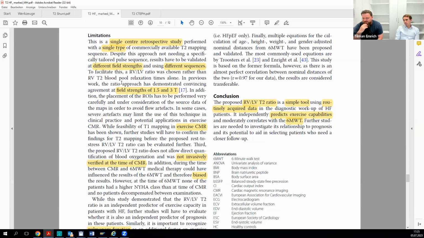Yeah. That's basically what Tilman just said. I mean, that's what the Ohio group did, right? They tailored their sequence to the blood pool. And of course, if you have a longer prep, then your confidence will probably increase for the blood pool measurements. Yes, and I totally agree. This is not an optimal sequence that is tailored to measure the blood pool.